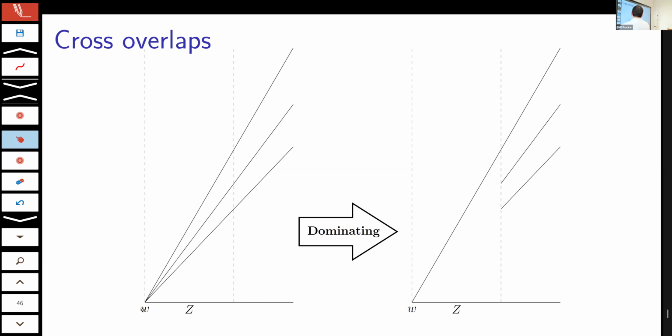You basically forget about all the different crossing branches and all the overlapping branches. You only focus on the largest one. You dominate the system over that small little monotonicity partition from this refined partition. So not necessarily from the original one. You might need to choose a much smaller one. But then you prune all the branches that are not maximal. You only keep one.